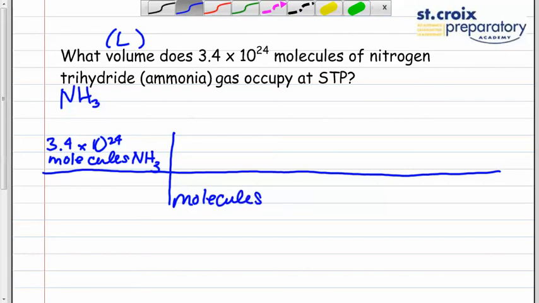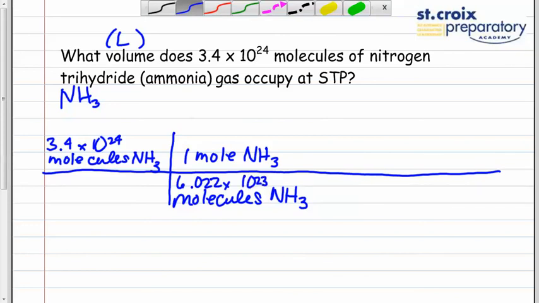Now you know from the previous page that we have a conversion factor that compares molecules to moles, and that is that 1 mole of any substance, and in this case our substance is NH3, is equal to 6.022 times 10 to the 23rd particles.